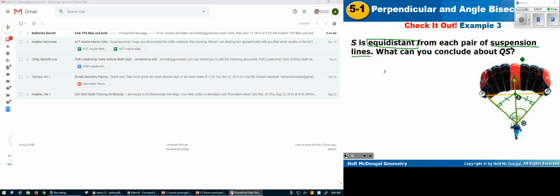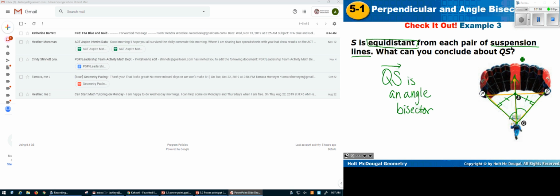So QS is an angle bisector. Again, look at your two pictures here. They're giving us this information, so we can conclude that this is an angle bisector.